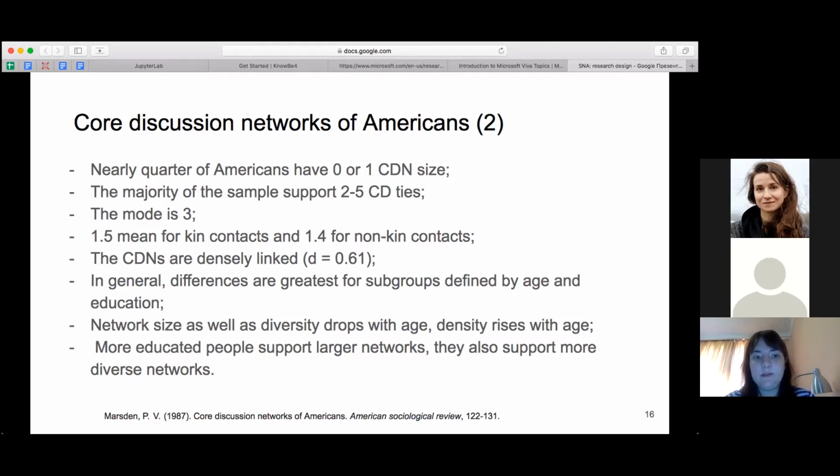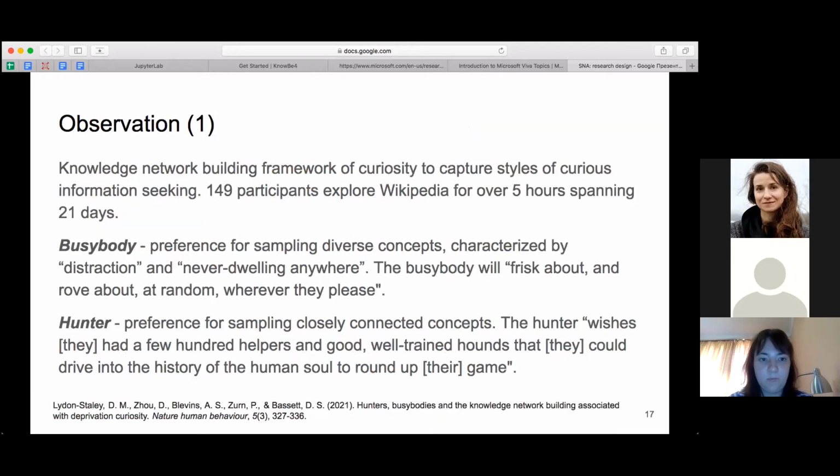Anyway, I think that this direction might be very important in terms of social support, and I think that in COVID pandemic, this core discussion network would be the core resource of the social support for many of us.